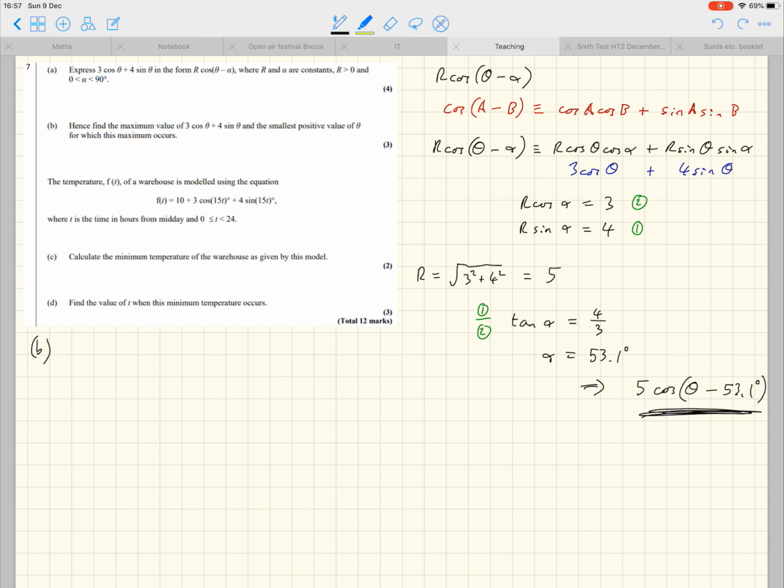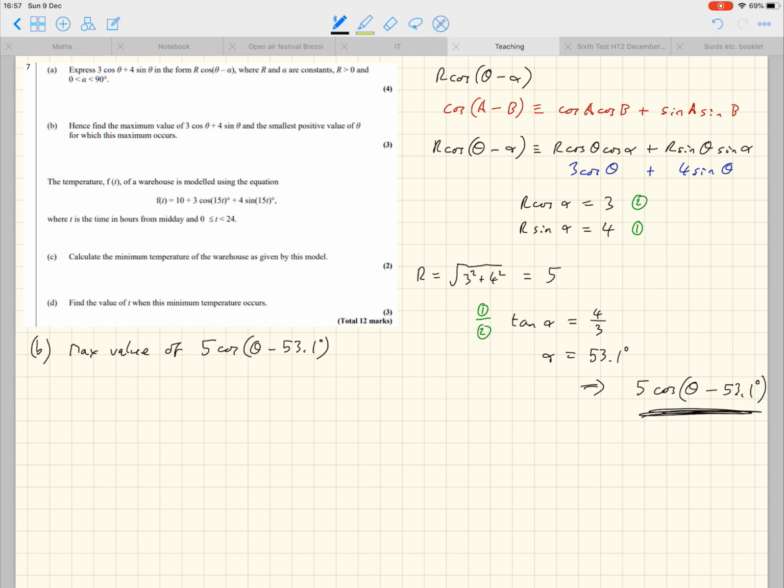Again, in the test, a lot of people didn't notice that it's the same expression in parts A and B. And the fact that we put it in this form here is critical. You have to use it in that form. So what we're really finding is the max value of 5 cos(theta minus 53.1 degrees).